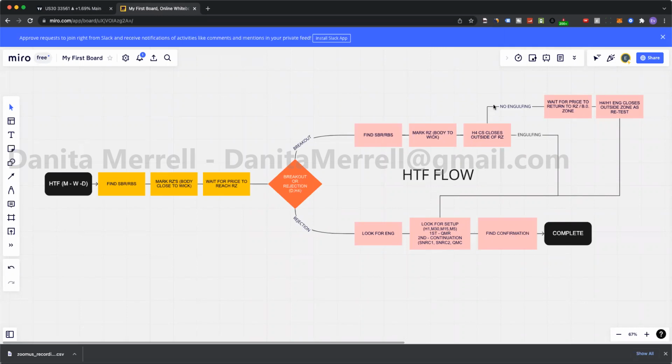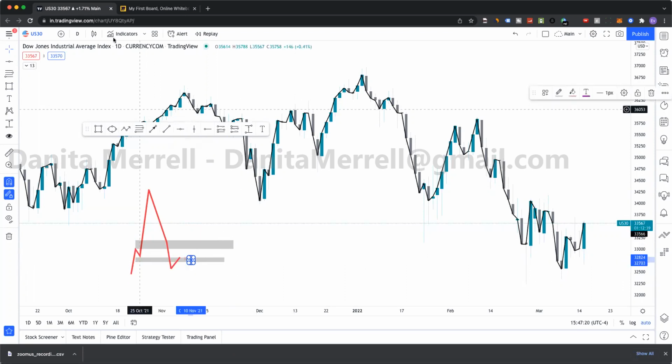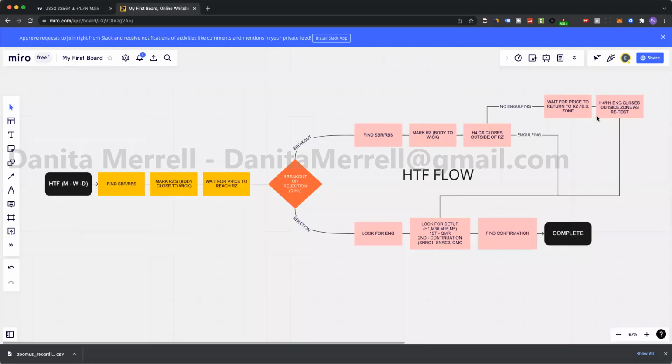Now, let's say there is no engulfing pattern. So let's just say price is still playing around in this area without any engulfing. You wait for price to return to the breakout zone. So what does that mean?